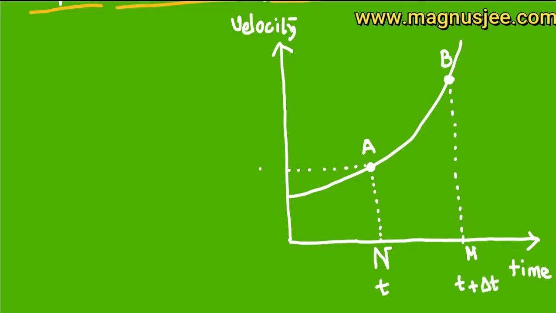At the point N the time is t plus delta t, and at the point A the velocity is v. We can draw a normal from the point B on the velocity axis, and at the point B the velocity increases to v plus delta v.